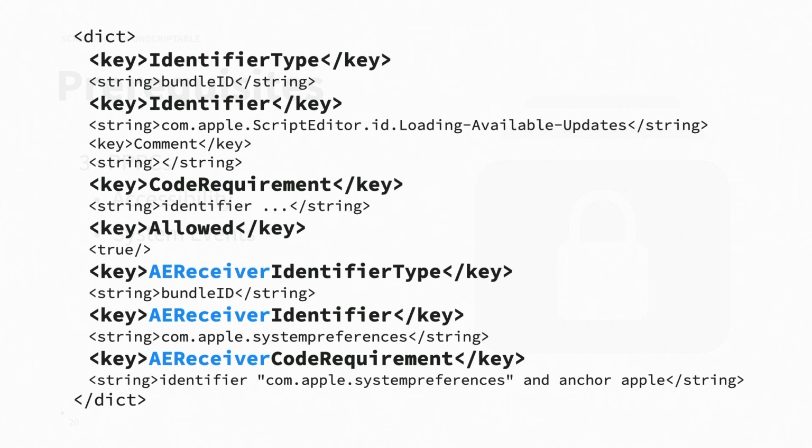We have fun here. We're setting the bundle ID as our identifier type. We have the receiver, and again, this is just all the identifying information for the app that we are going to act upon. So we know who's sending control, and in this situation, it's that loading available updates application, and we are sending our commands over to System Preferences in this particular instance.